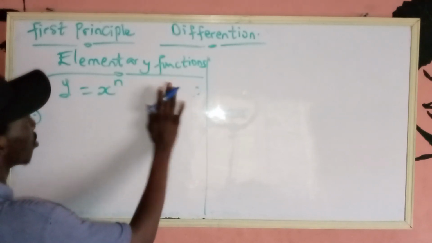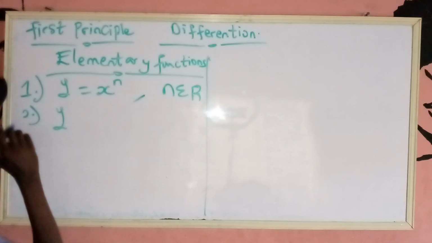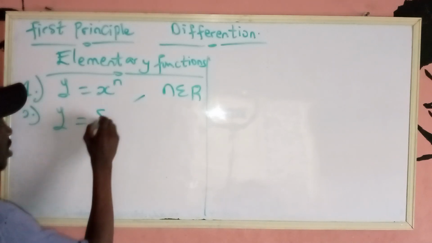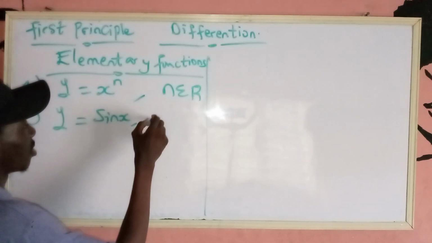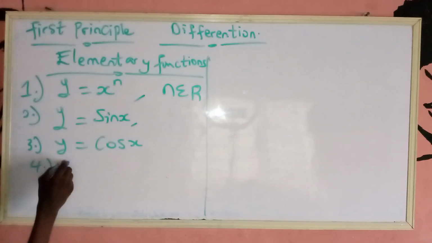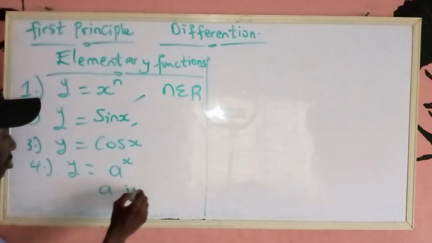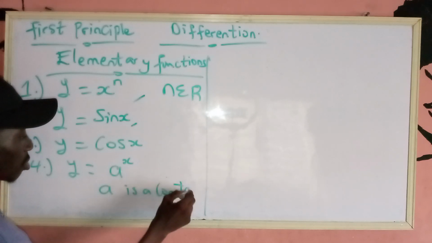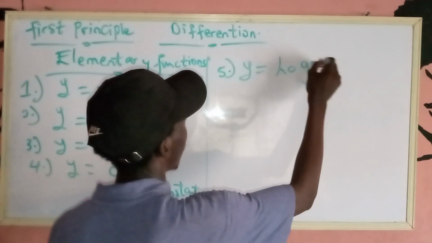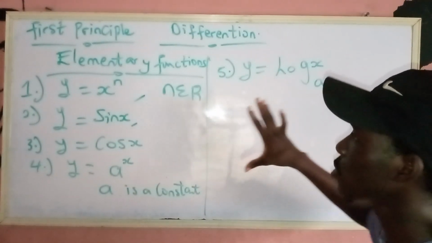Number two, n is an element of real numbers. The next one is the trig ratios, but the basic ones are sine x. The third one is y is equal to cos x. The fourth one is y is equal to a^x, where a is a constant. And the fifth one is y is equal to log x base a. So these are the 5 primary functions we need to understand in mathematics.